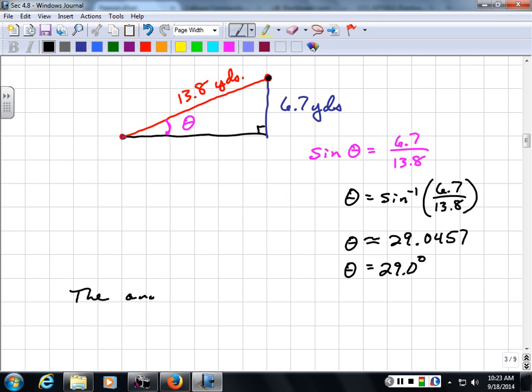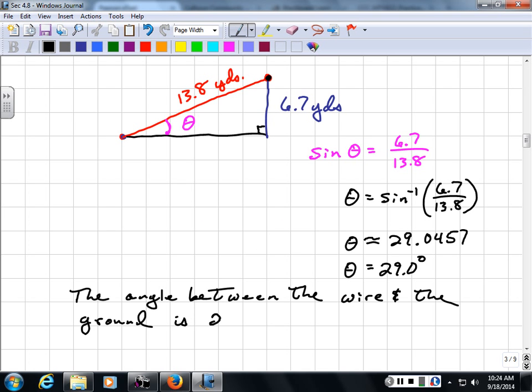The angle between the wire and the ground is approximately 29 degrees. That's how you're going to answer that one. Now, in my math lab, you're just going to type in the angle measurement, obviously. Paper and pencil test, that's what you want to do.